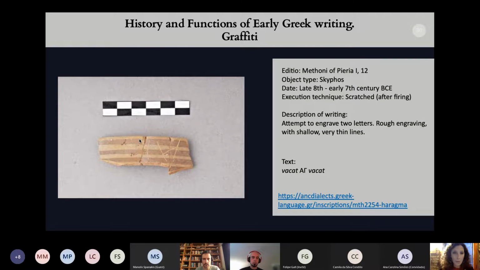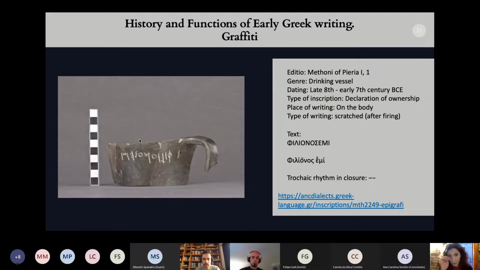And then we have longer inscriptions, like this beautiful one, that is on this vessel that on the other side is empty, but is partly reconstructed. It's from right to left, and we can very clearly read the name Filionos Emi.